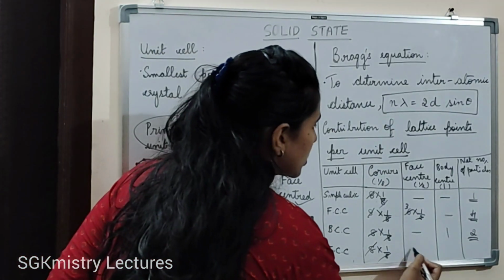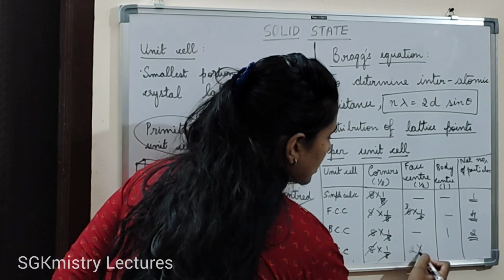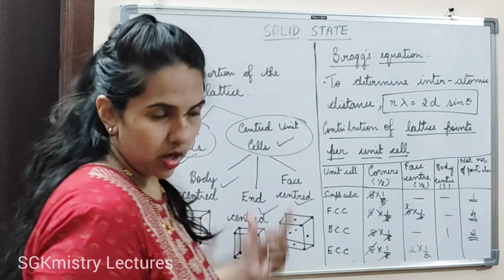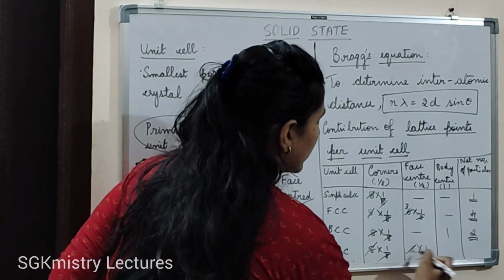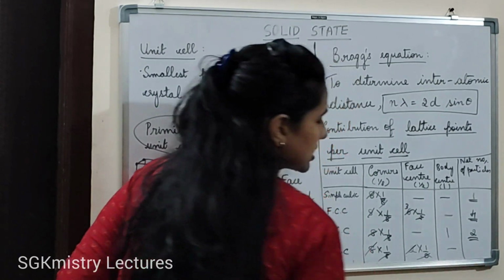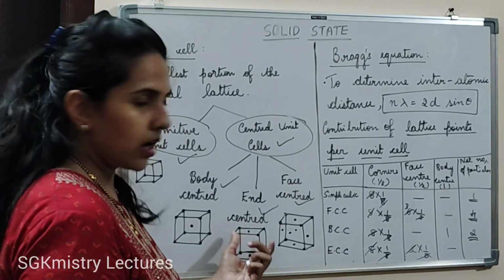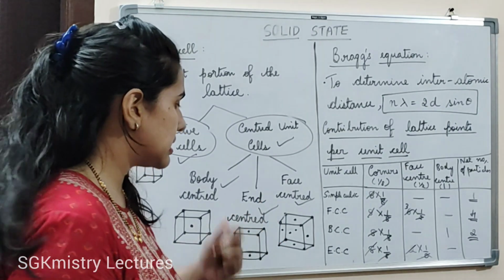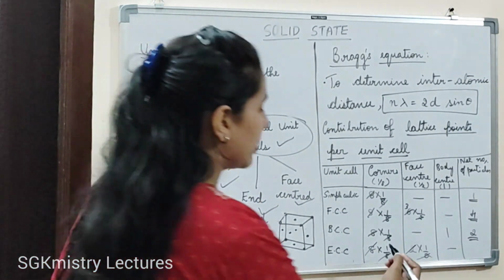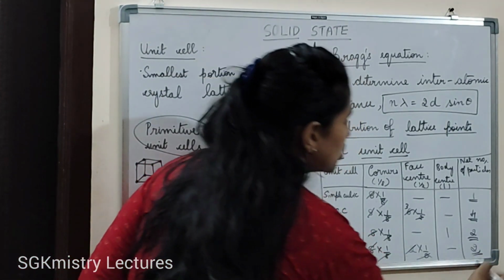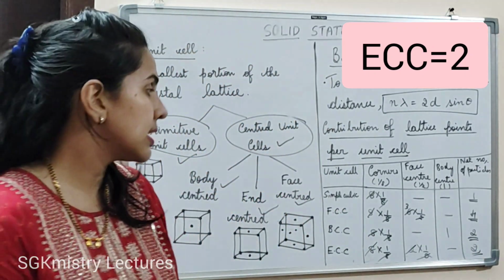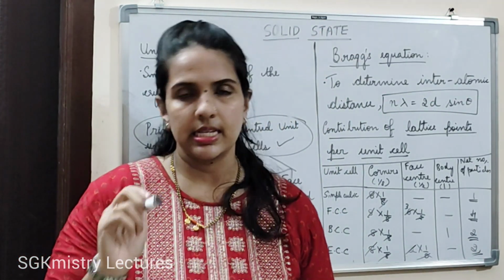So there are 2 such atoms, each shared with one other unit cell, so 2 and 2 cancel with each other. There is no body-centered particle in this unit cell. So we have 1 plus 1, that is 2. The total number of particles in the end-centered unit cell is 2.